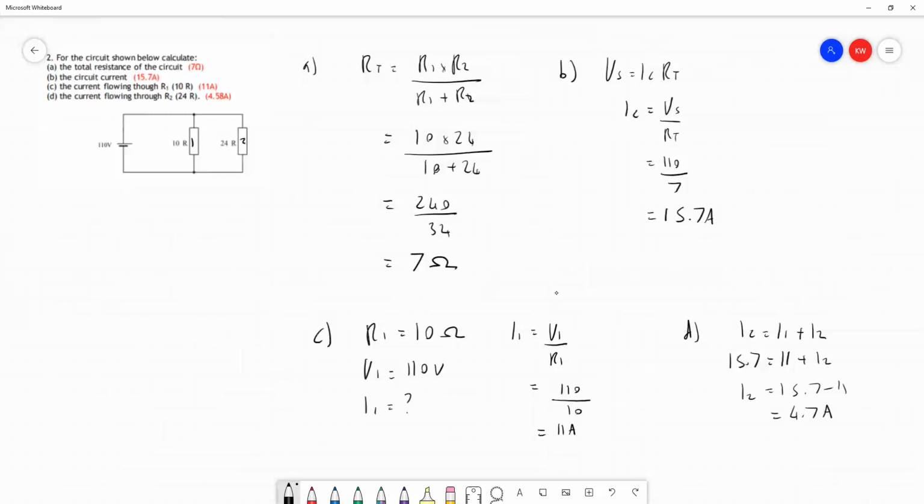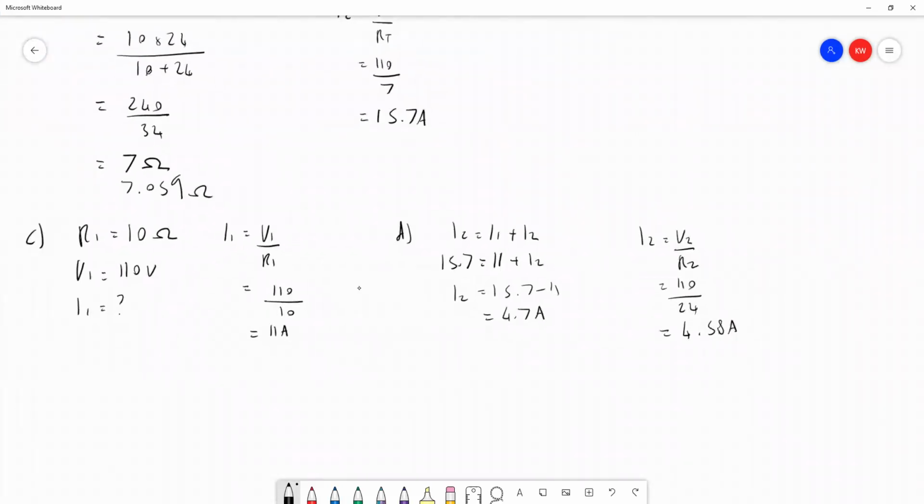probably if we had had an answer here, something like 7.05, let's just see what it was. 7.059 ohms, and used that throughout the question, when we got to part D, these two methods would marry up a bit more.